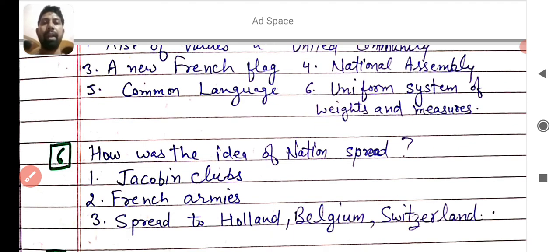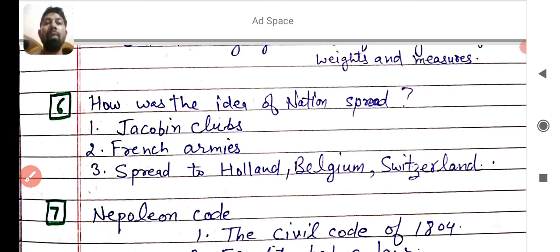And the next point of today is, how was the idea of nation spread? Who spread this idea of nation? You learned the meaning of nation according to Ernest Renan, and you also learned that the idea of nation was spread through the French Revolution, and how French revolutionaries spread this idea.